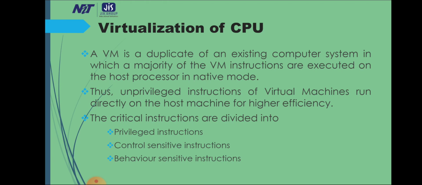Bare metal architecture is one example, where the hypervisor installs directly on hardware and provides its own device drivers. It is acknowledged as the preferred architecture for high-end users. So this is an example of CPU virtualization.